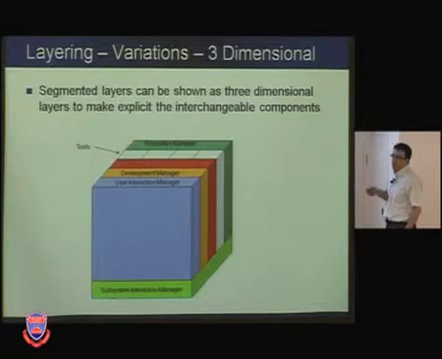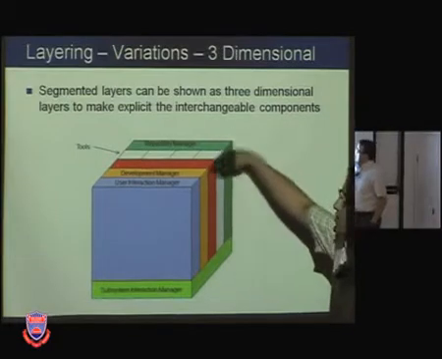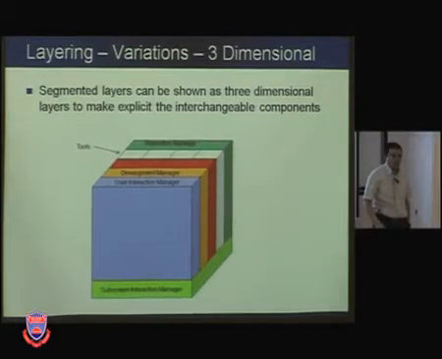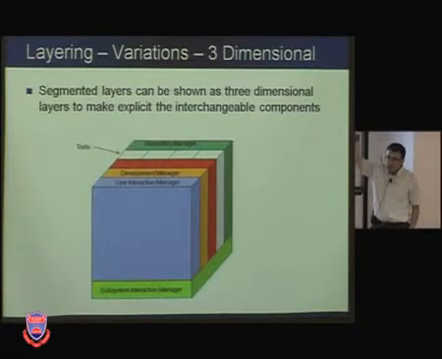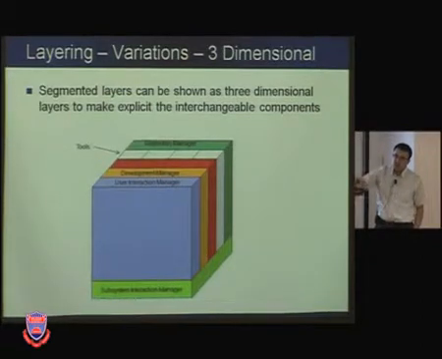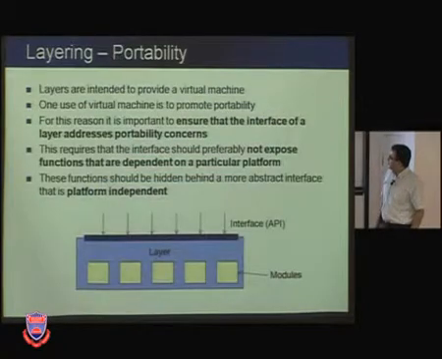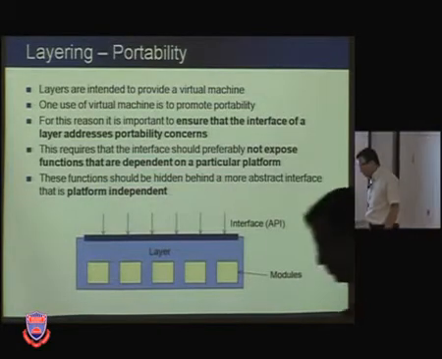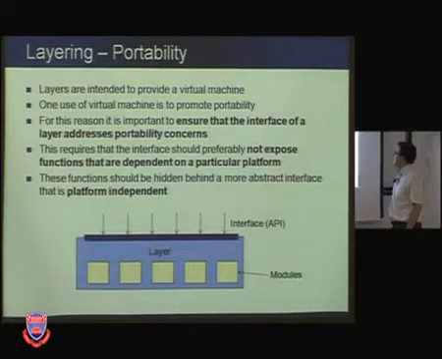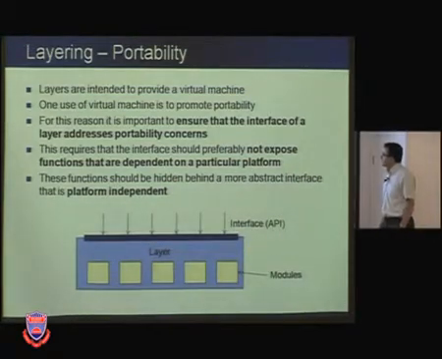You can do this to make explicit the interchangeable components, which they also call like a 3D toaster. You can just get it out and put in the segments. Okay. These are the variations of layers.